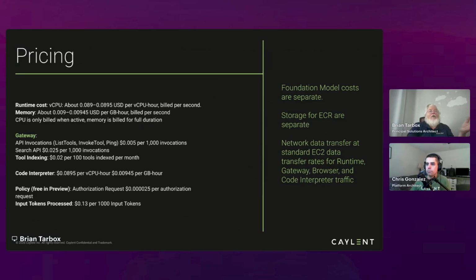I mean, code interpreter, 0.08 of a cent per gigabyte hour. Policy is free right now, as Chris said. It's in preview. It will have a cost. That's undoubtedly something that's going to change over time. Yeah, for that one, it uses Amazon Verified Permissions under the hood. So I would imagine that it will be some sort of API based pricing, like a lot of this is.